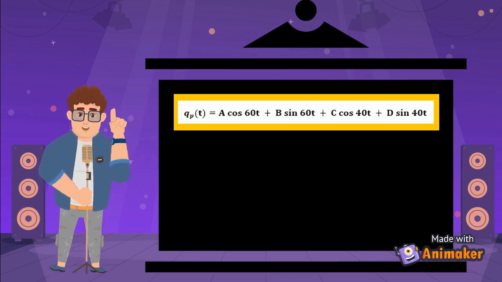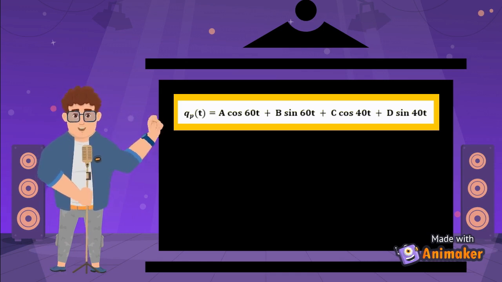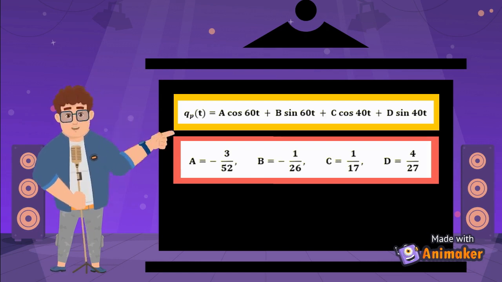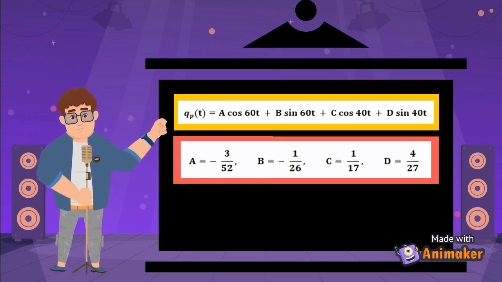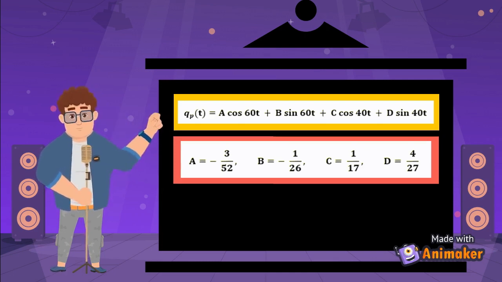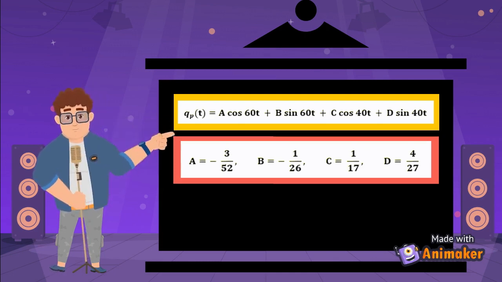Then, if we put that into the DE, we get the coefficients a equal to negative 3 over 52, b equal to negative 1 over 26, c equal to 1 over 17, and d equal to 4 over 17.